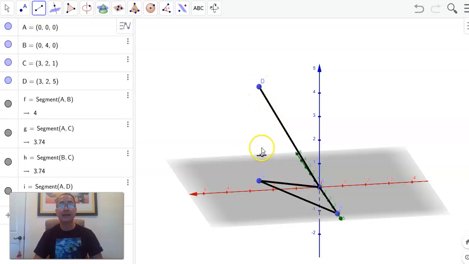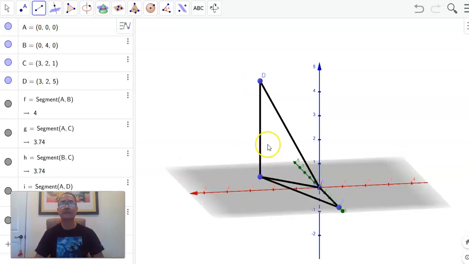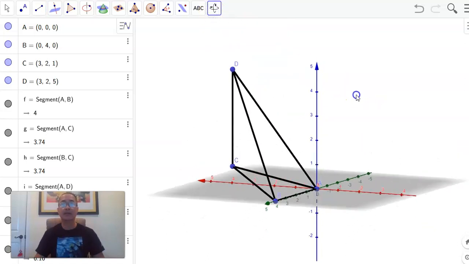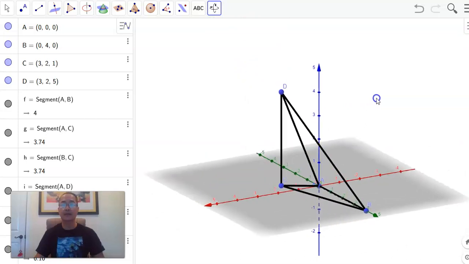All right, and then D to C. D to C. So there's D to C, and we have one more, D to B. All right, right there. So now we have completed our tetrahedron.